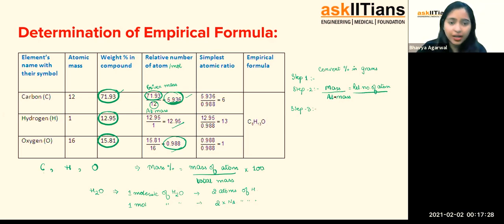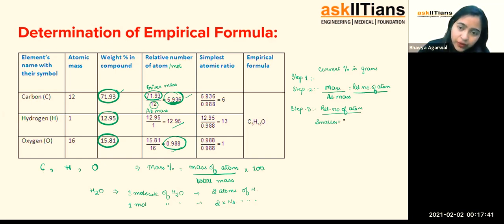So how do you find out the simplest atomic ratio? Just use the relative number of atoms divided by the smallest relative number of atoms. So the relative number of carbon divided by the smallest relative number out of all, which is for oxygen.